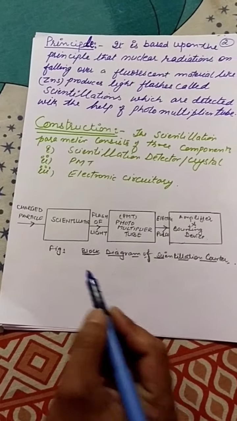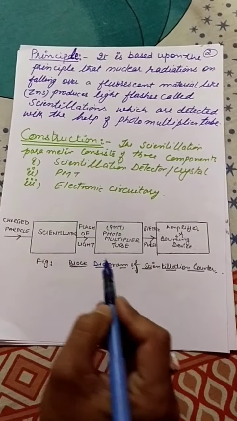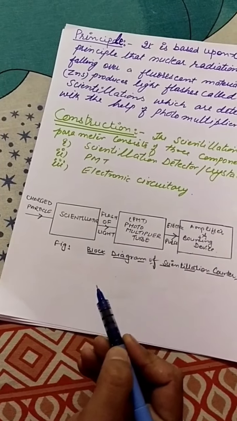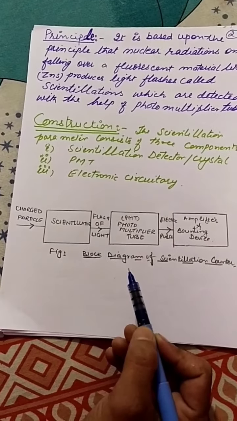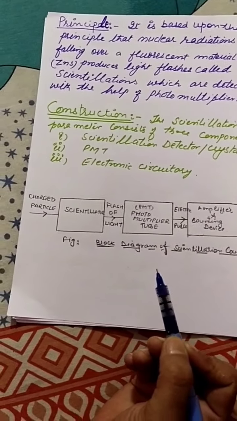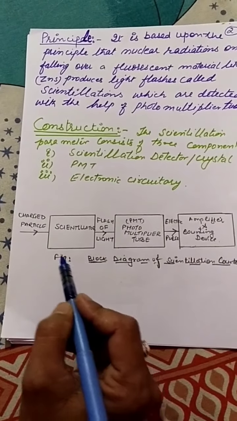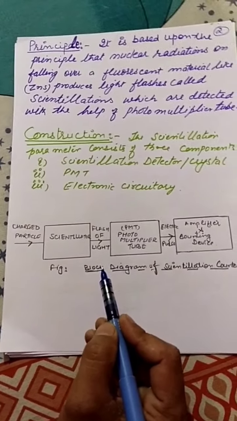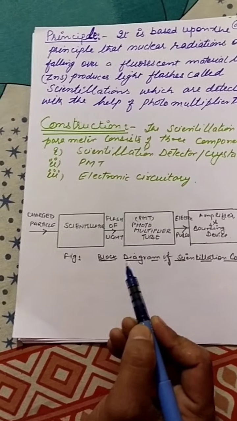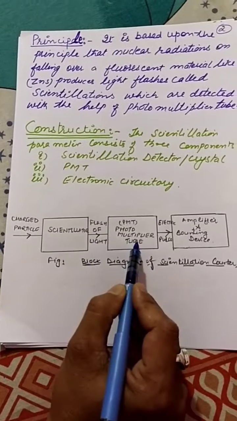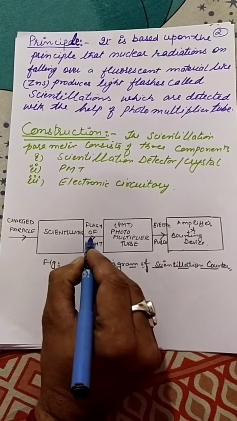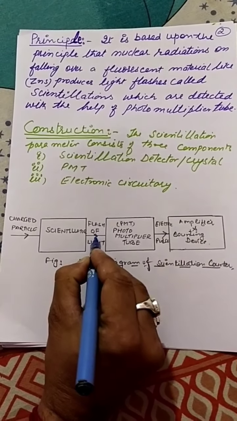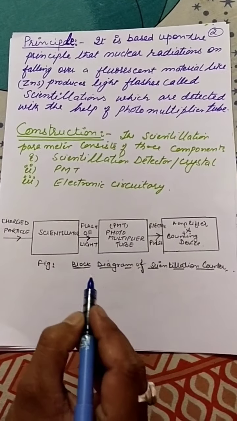The scintillator consists of a scintillating material which is optically coupled to a photomultiplier tube directly or via light guides. So the light coming out from the scintillator due to the impact of radiations is transmitted to the photomultiplier tube. Transmission is there in this way, I have shown it with the arrows.